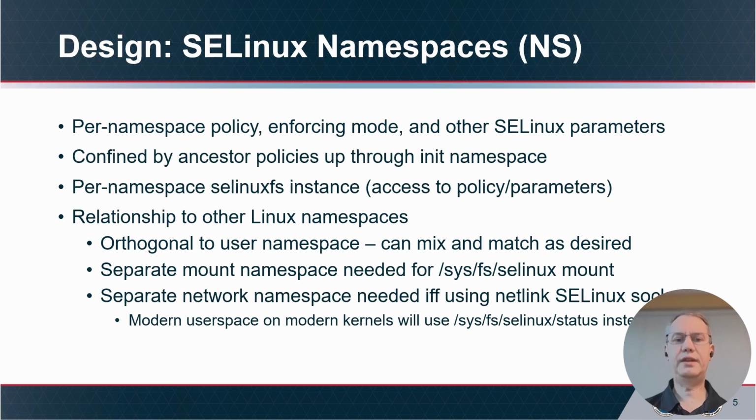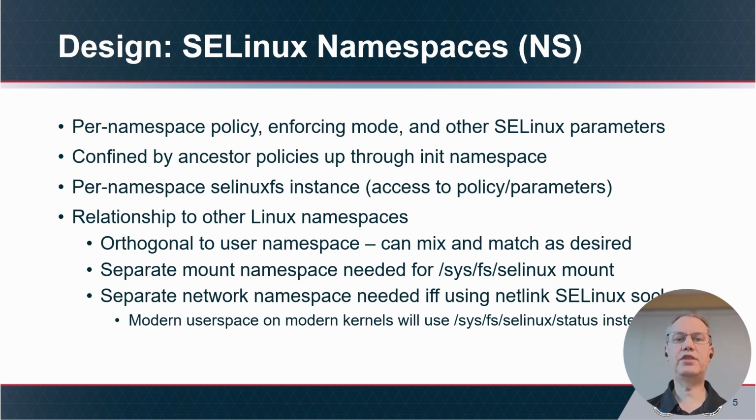So with SELinux namespaces, each namespace has its own policy, access vector cache, enforcing mode, and other SELinux parameters that can be independently loaded and set. This in turn requires a per namespace SELinux FS instance, which provides access to the policy, enforcing mode, and other parameters to user space.